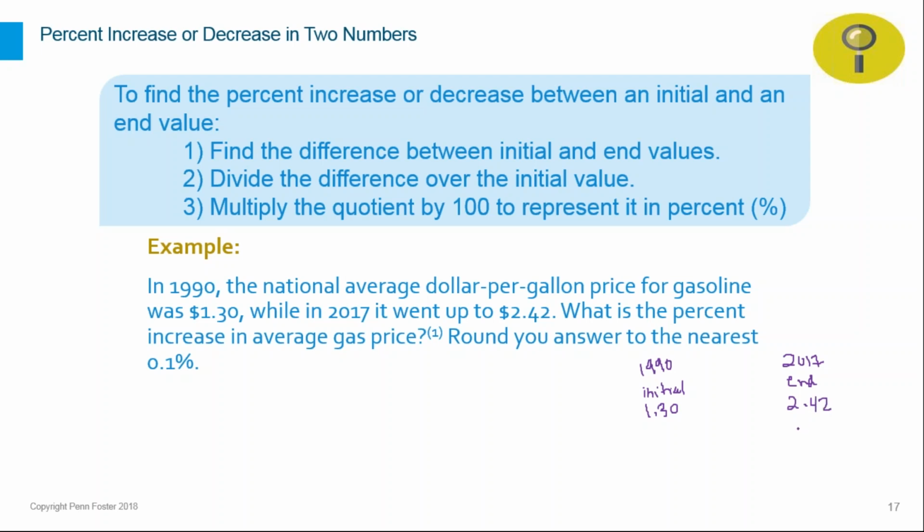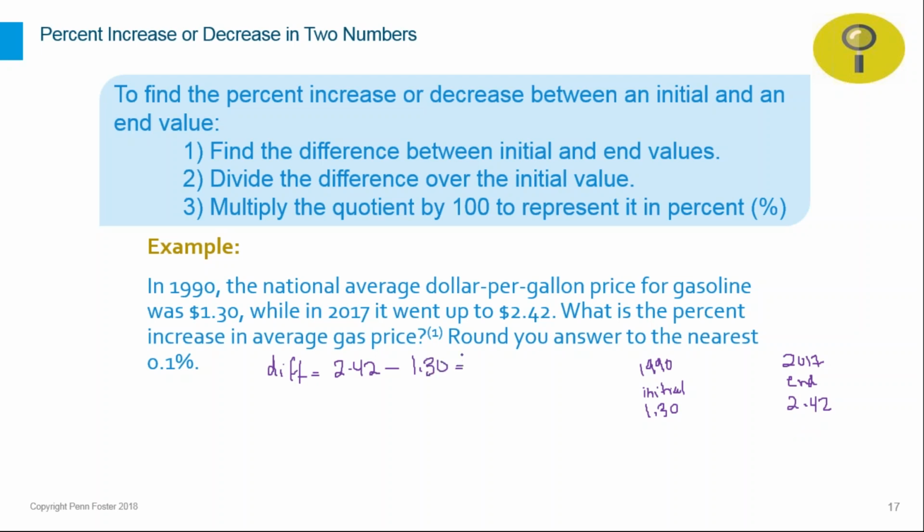Okay. Step one, find the difference. We always subtract the smaller number from the bigger number. No matter if you are finding the percent increase or percent decrease, you always do the bigger minus the smaller. So the difference equals 2.42 minus 1.30.